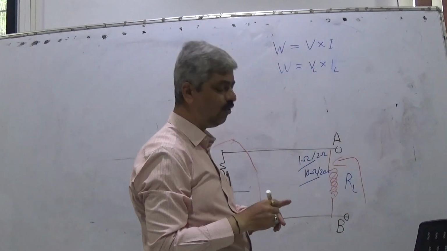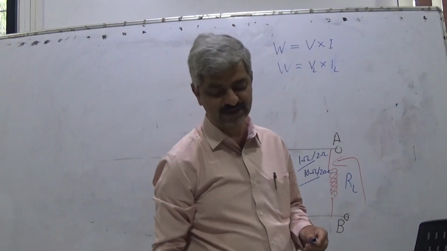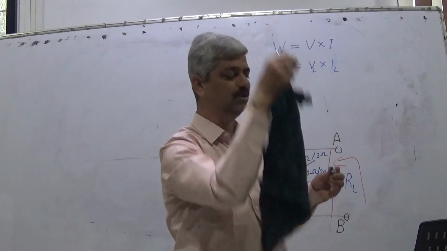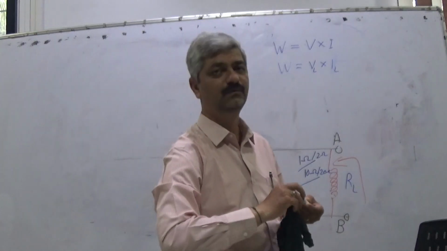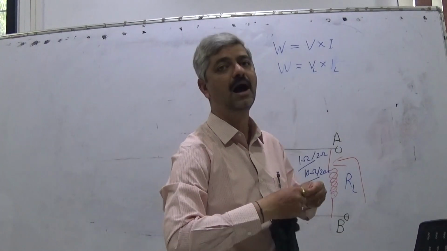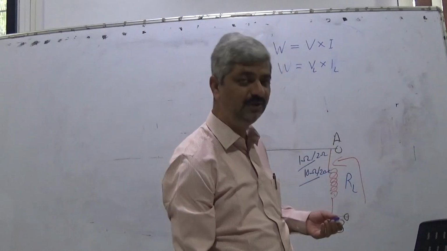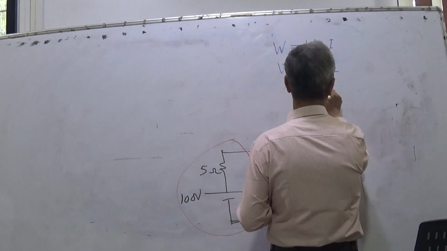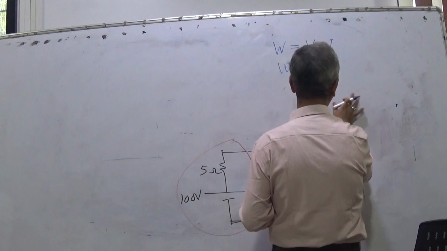But to use this, we have to measure voltage and we have to measure current, we have to take two readings. Instead of that, because of Ohm's law, there is a relationship that VL is equal to RL into IL. So you can replace either VL or IL.